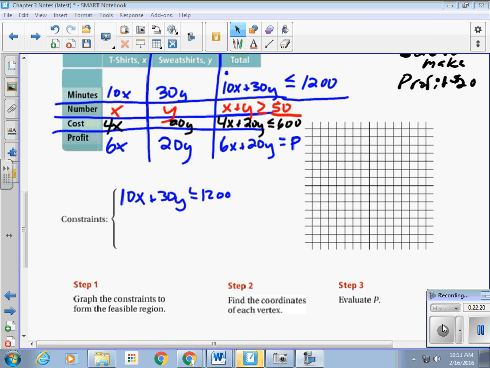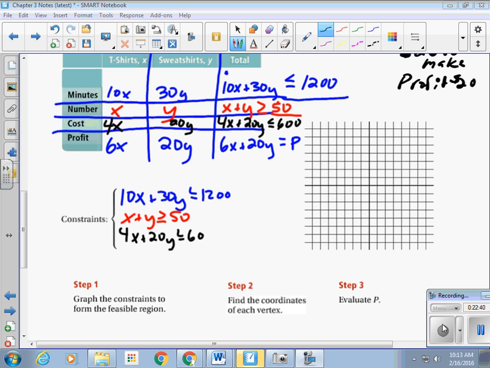And that is x plus y greater than or equal to 50, because we want to sell at least 50 of them. And then the last constraint is the cost: 4x plus 20y less than or equal to 600.